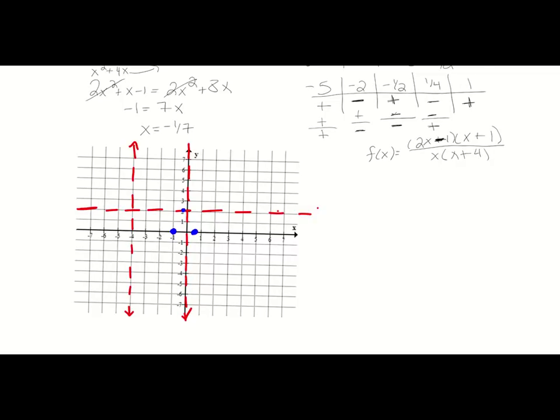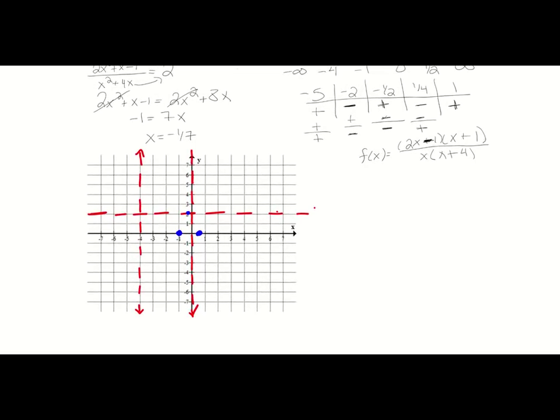Okay, and then we look at our sign chart. From negative infinity to negative 4, I have to be above the x-axis and I need to run along my asymptote. So the only way that's going to happen is if it's like this. It can't be below because then I would cross the x-axis and be negative. From negative 4 to negative 1, I am below and I need to run along my vertical asymptote.